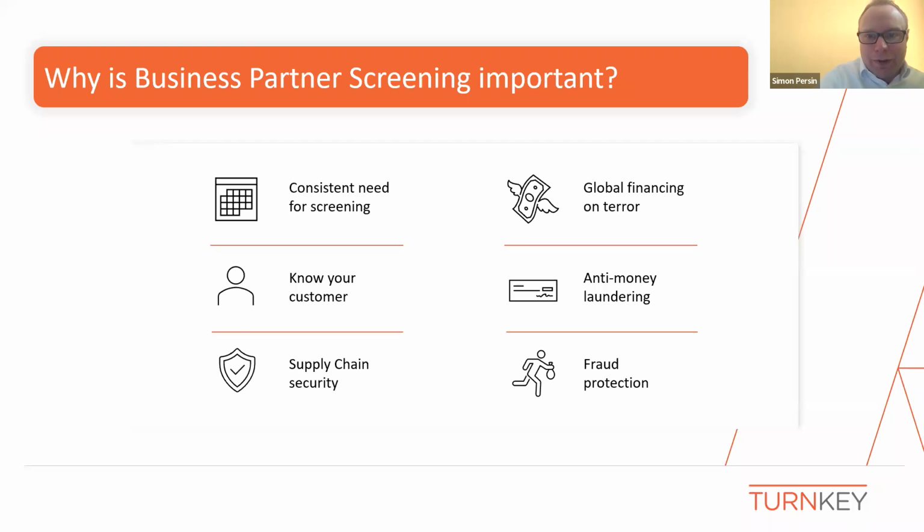Well, sometimes it's regulatory mandated. So know your customer, for example. Things in the financial services sector, there are laws and regulations in place to do with it. Global financing of terror, anti-money laundering regulations, for example, are common reasons for why we might need to screen some of our business partners. But we may want to do it for other reasons as well.